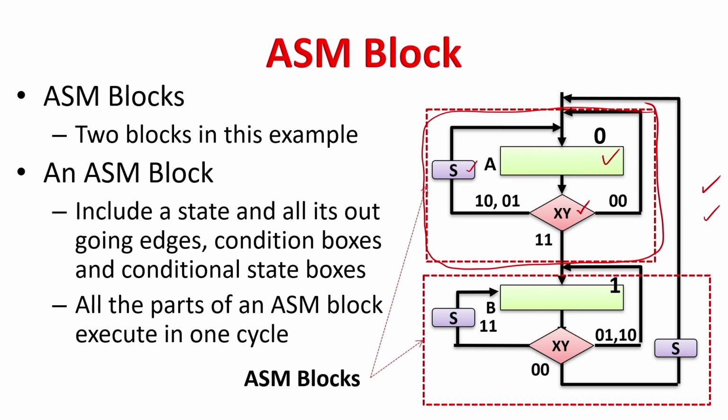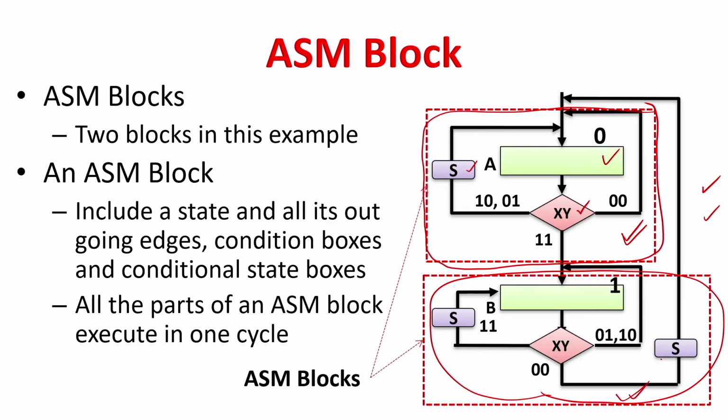Most importantly, this whole thing executes in one cycle, and this whole thing executes in one cycle. At what time does it execute? It executes at the end of the cycle. So, the concept is that at the end of the cycle this block executes, and a block executes in one cycle.